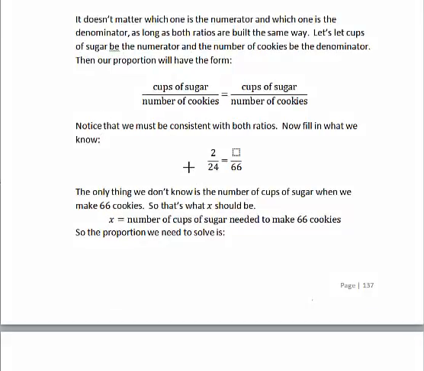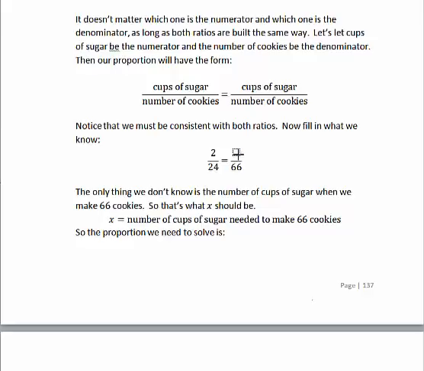So the recipe ratio is found on the left side. We had 2 cups of sugar for 24 cookies, and so we don't know how many cups of sugar that we need, and so the top right is left blank, and then all we know is that we want to make 66 cookies. So cookies, the 24 went on the bottom, so 66 has to go on the bottom.